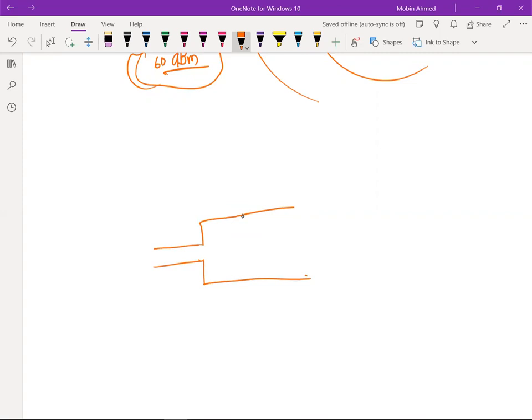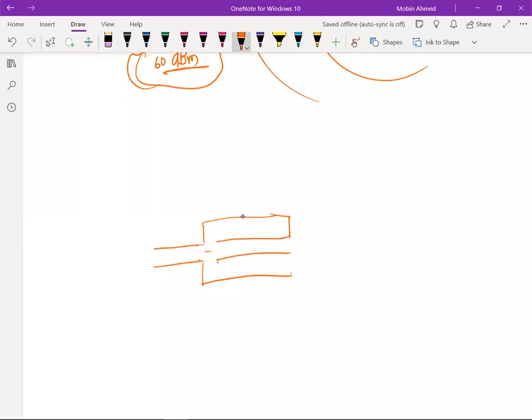Suppose it is split, meaning it is in two parts. It goes from here like this. It is split, and there is a hole here also, and it is split like this.